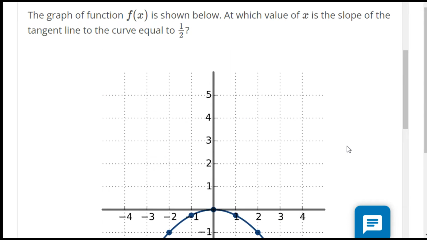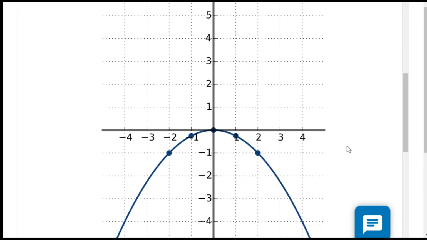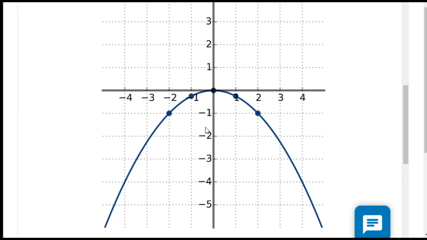Here we go. Graph of a function shown below, at which value of x is the slope of the tangent line to the curve equal to 1/2? So it's got to be positive, so it's on this here side. Can't be any of those three numbers, and it's more than likely -1. It's probably a positive 1 slope right there.